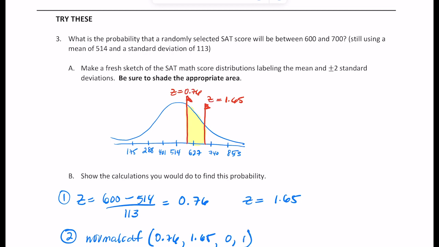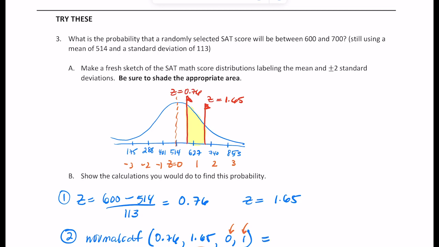So remember, we know that because any value at the center is the mean, and a mean always has a z-score of 0. And then we have 1, 2, and 3 standard deviations, -1, -2, and -3. So you're always going to leave the 0 and the 1, it's the z-scores that are going to need to change depending on the problem.